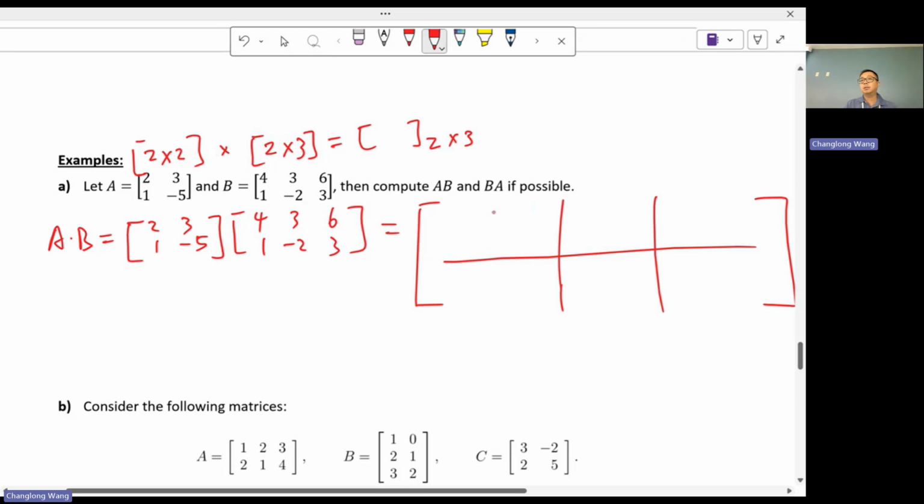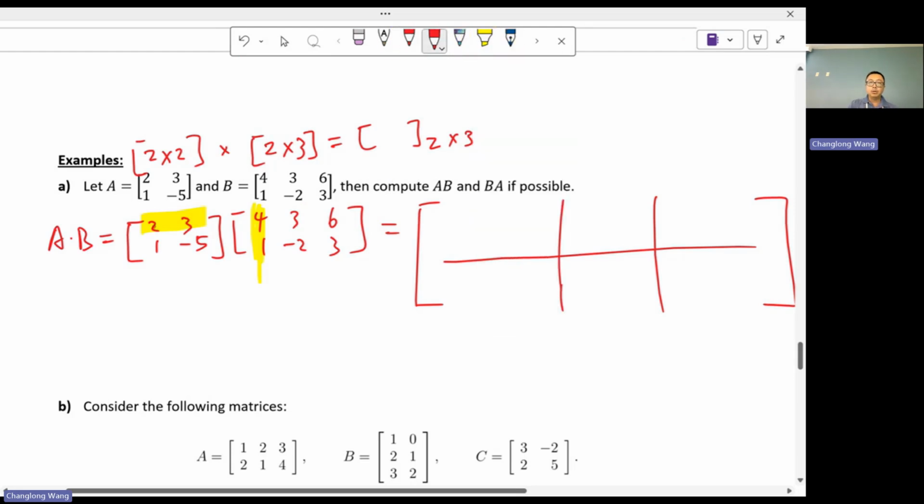Which entry is that? Which row, which column? It's the first row, first column, right? That means you should get the first row from matrix A, first column of matrix B, right? Let me highlight them. You don't have to. I'm just doing it for you, right? So then you multiply the corresponding entries.